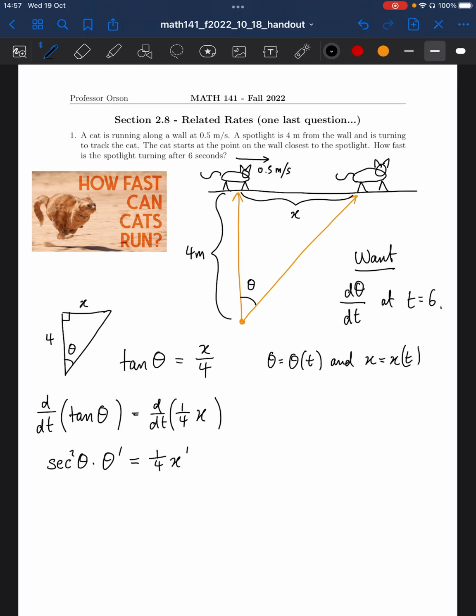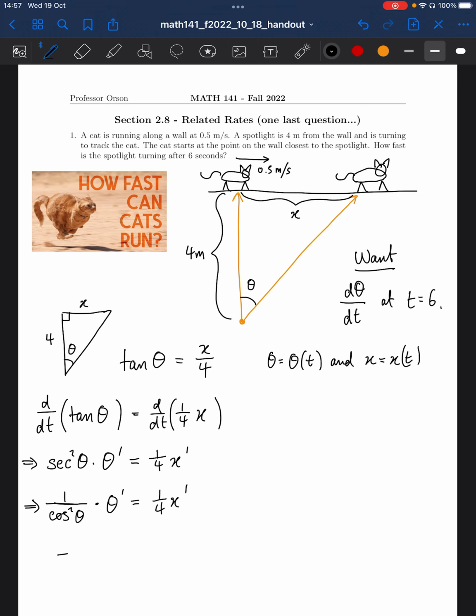Maybe I want to rearrange it to make theta the subject of the equation, because that's the ultimate thing that I want to see. But let me write it a slightly different way. So 1 over cosine squared theta times theta prime, so that's by definition of secant squared.